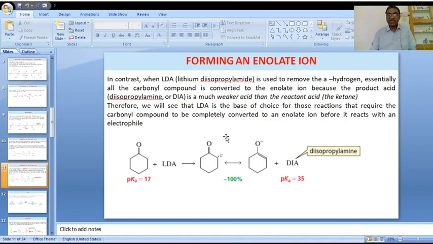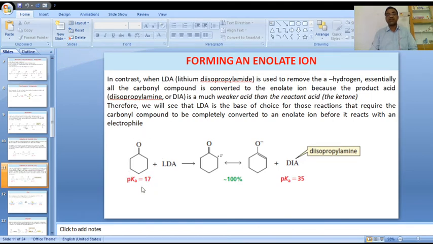In this reaction, it then reacts with another electrophile. First, in the first step, it should be completely converted into enolate ion. In that case, it requires LDA. Once again, please observe cyclohexanone.